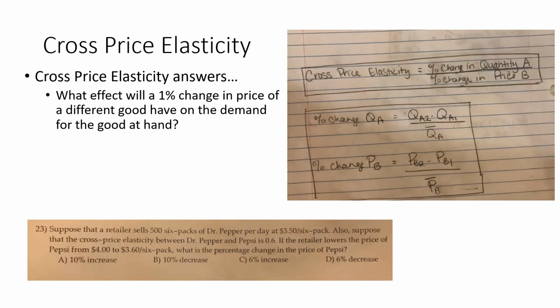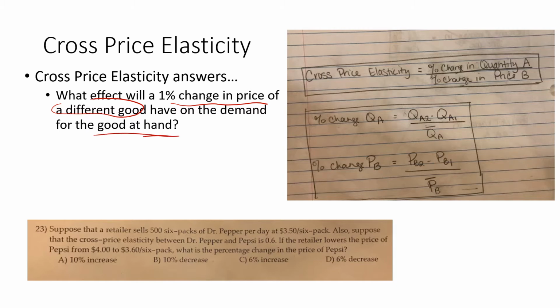The final equation that we need to look at is cross-price elasticity. Very similar to the other equations. This time, however, we are answering the question, what effect will a 1% change in price of a different good have on the demand for the good at hand?